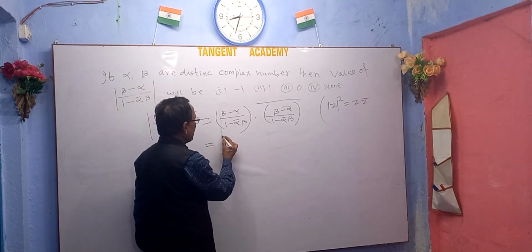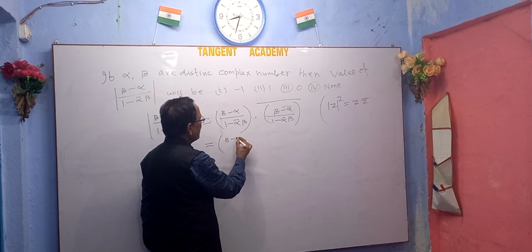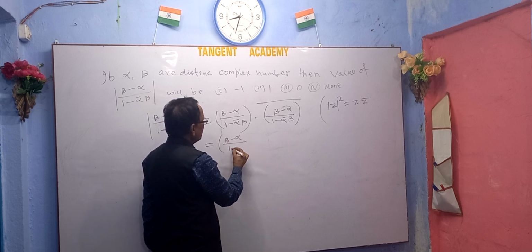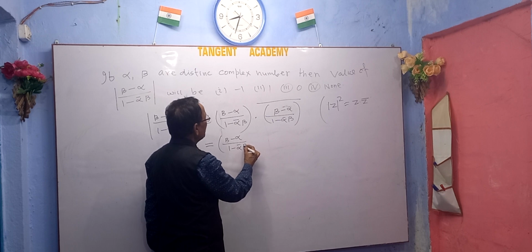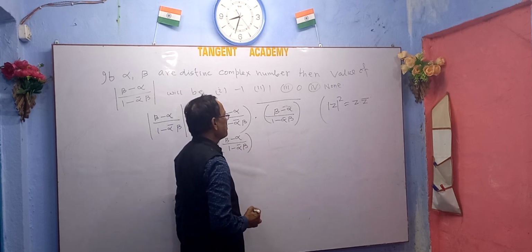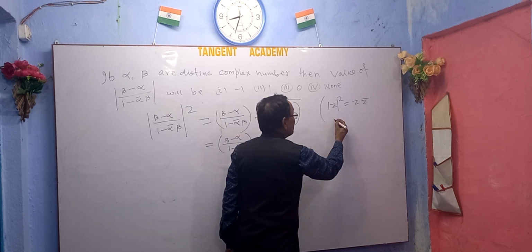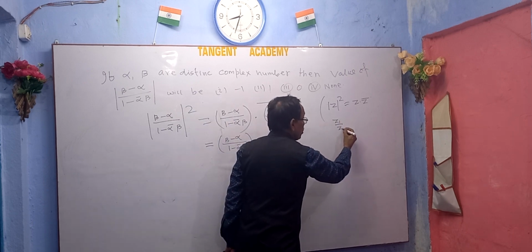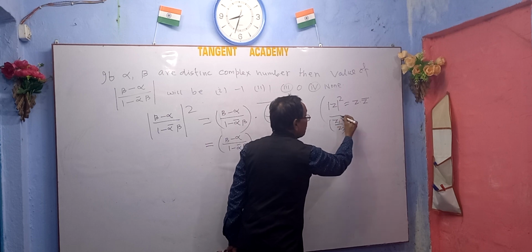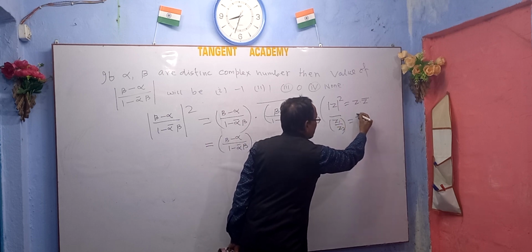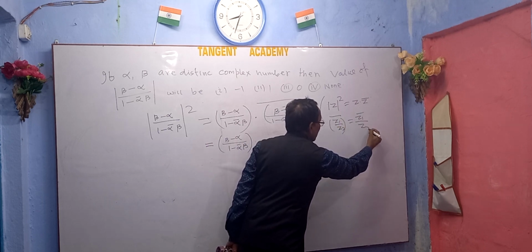Further, we can write it as (beta minus alpha) divided by (1 minus alpha bar beta). And we have previously seen that z1 by z2 whole bar may be written as z1 bar divided by z2 bar.